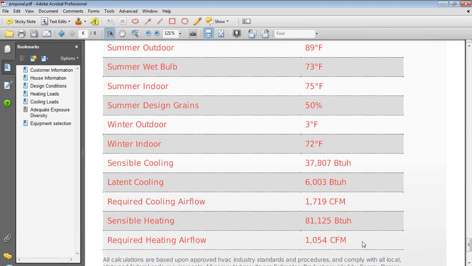The Manual S equipment sizing handbook does allow you to slightly oversize certain pieces of equipment, but it's not very much. For example, on the cooling side, the maximum oversizing according to Manual S, which happens to be Illinois state law, is 15% for sensible and 15% for latent.